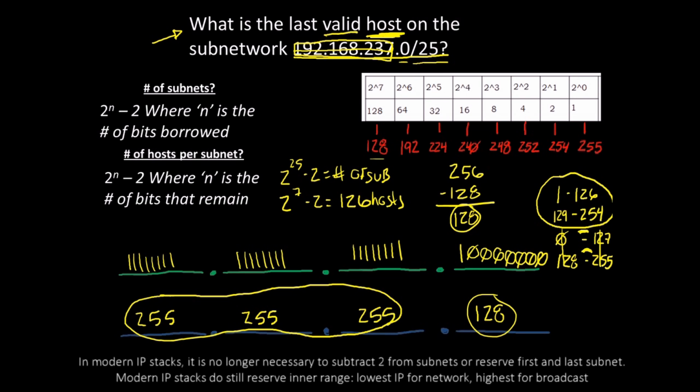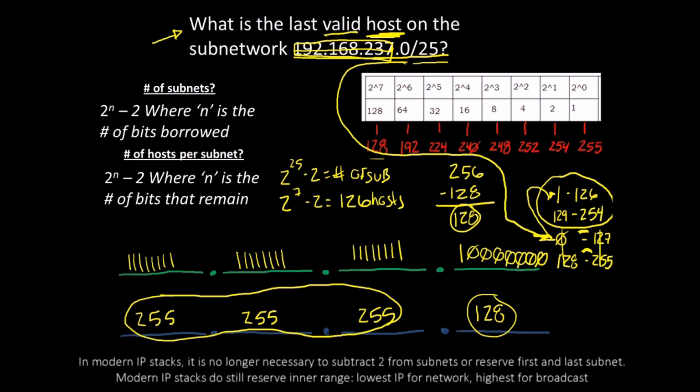And since we know that that range of 0 to 127, which is actually 1 to 126, again, since you have the 0 here, you bring that down and look at what's going on here. That's this range right here. But since we don't use 0, what they're actually talking about is this range.